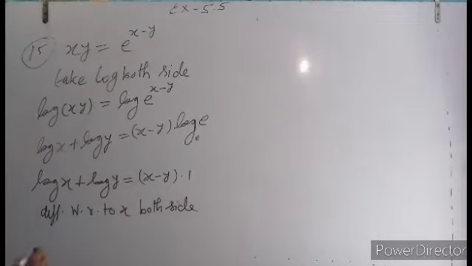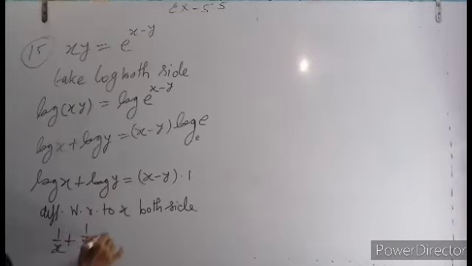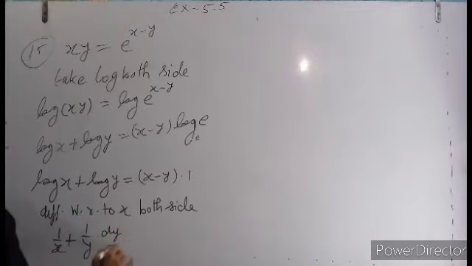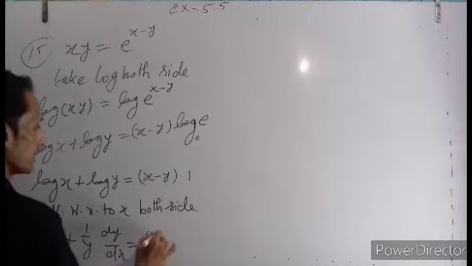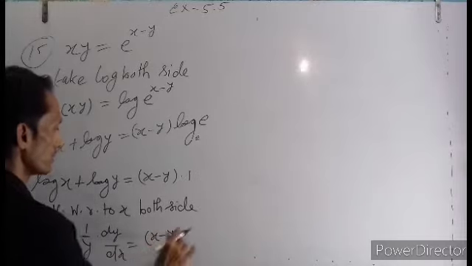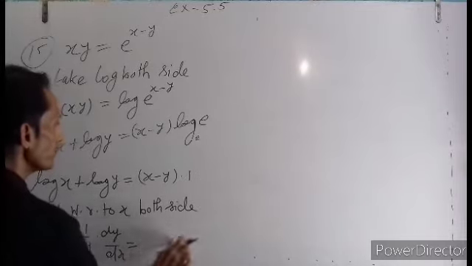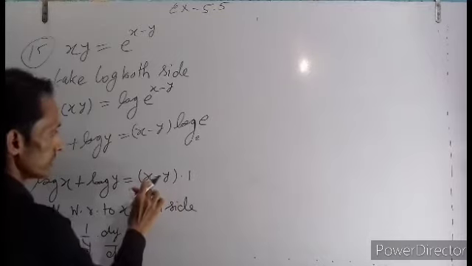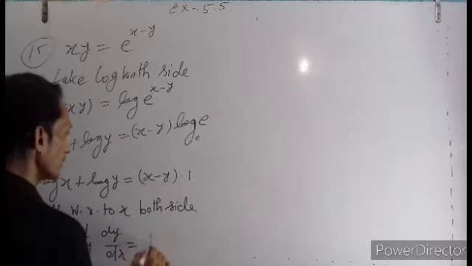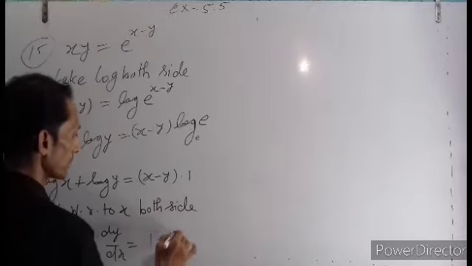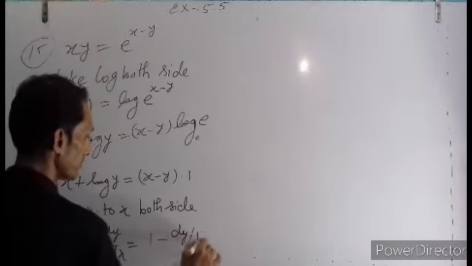So what will come? Differentiation of log x with respect to x is 1/x, and log y gives 1 upon y dy by dx, equal to x minus y. On the RHS, also, the derivative of x with respect to x is 1 and of minus y is minus dy by dx.